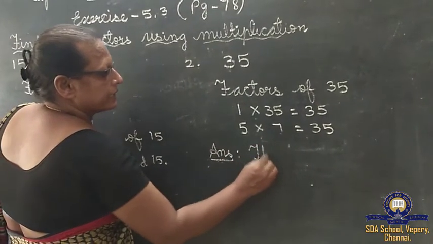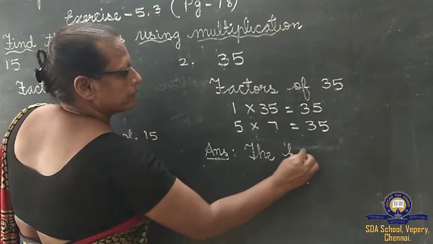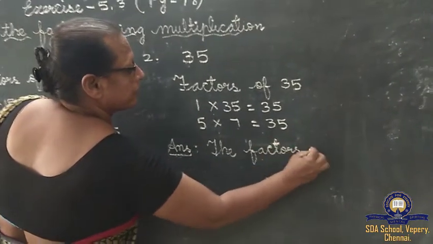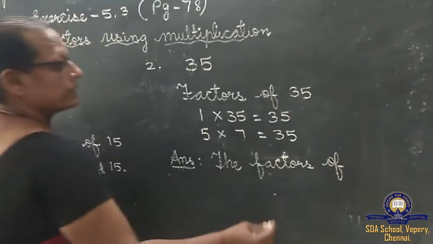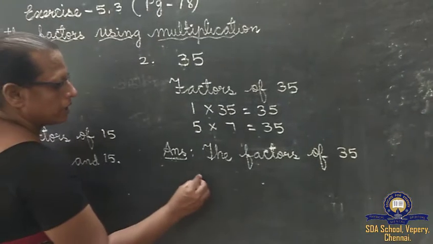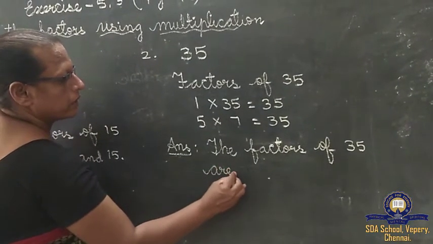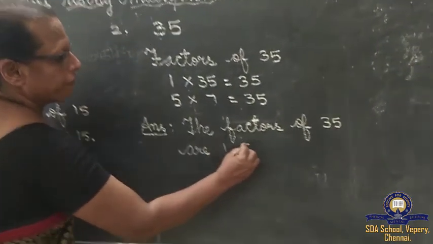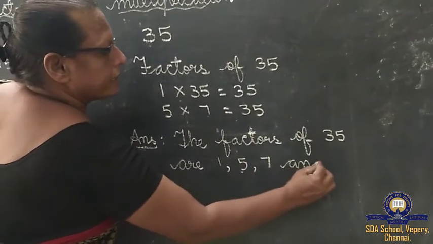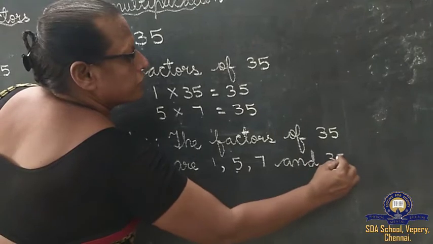The factors of 35 are 1, 5, 7 and 35. Understood children?